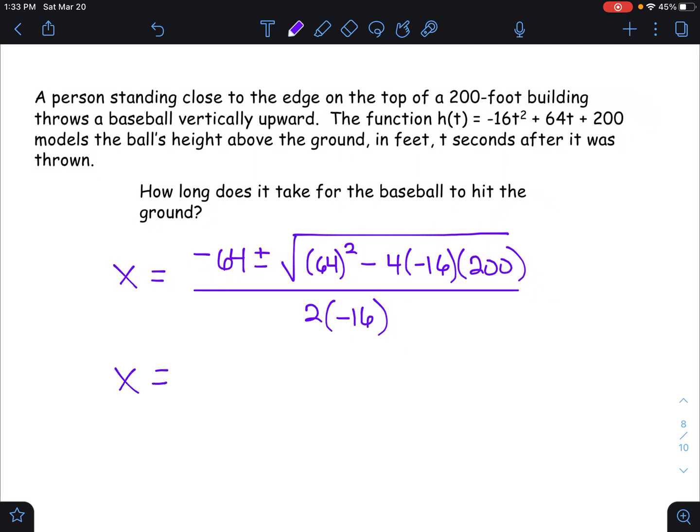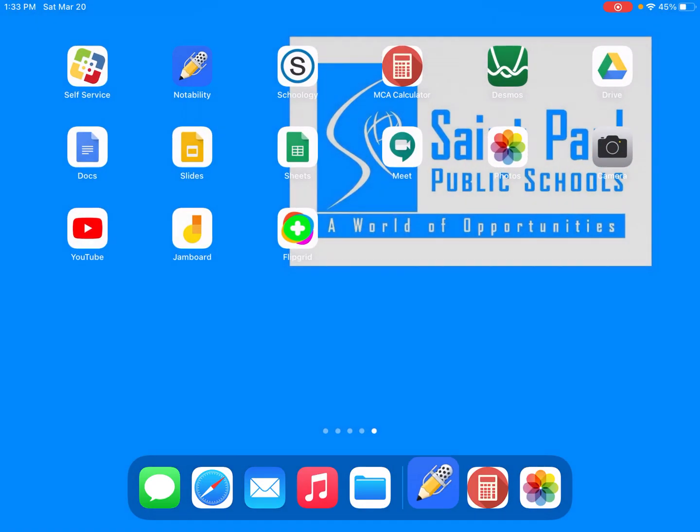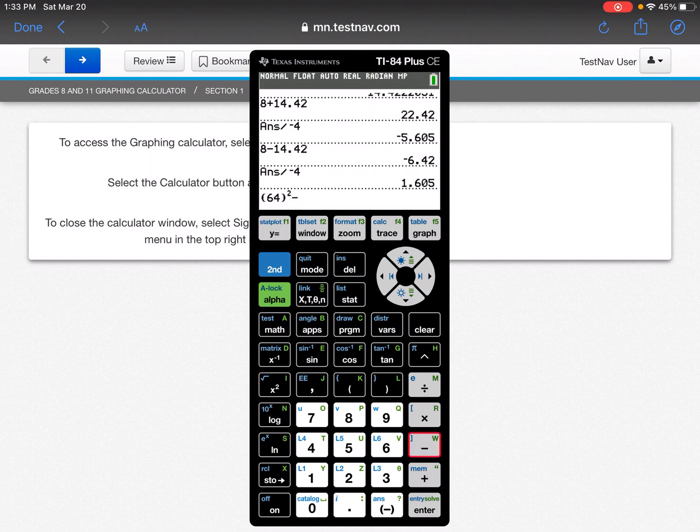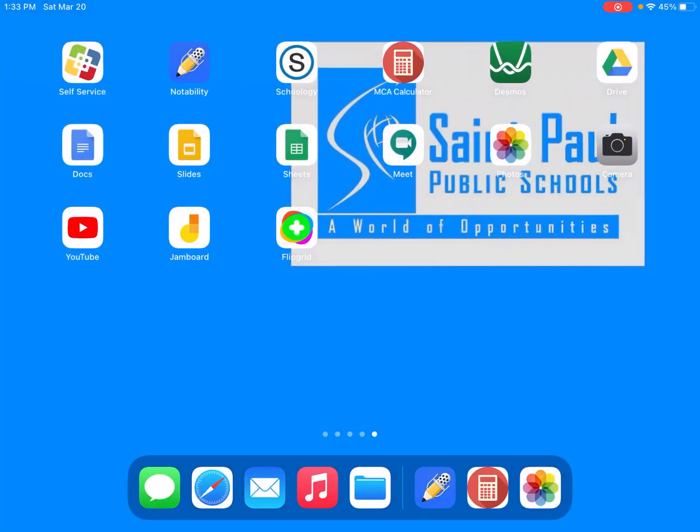Okay, so let's see here, we're going to go 64 squared. I might need to write that down so I don't forget. Okay, let's do it. So 64 squared minus 4 times negative 16 times 200 is 16,896.